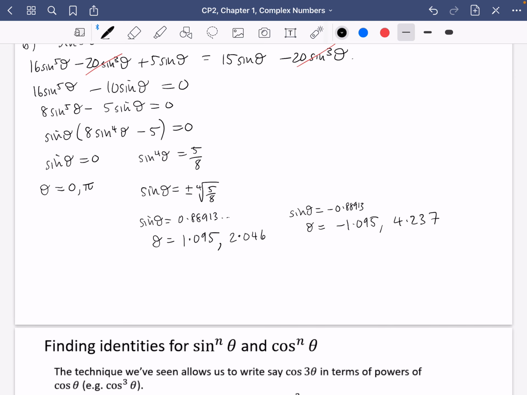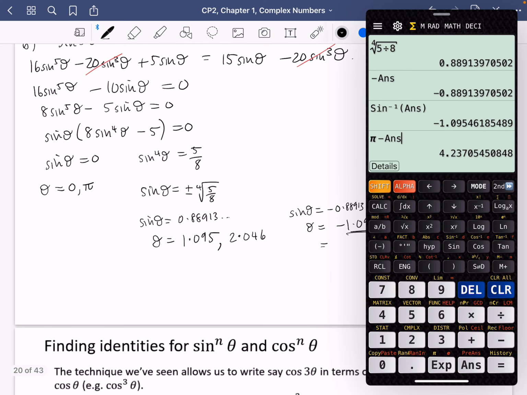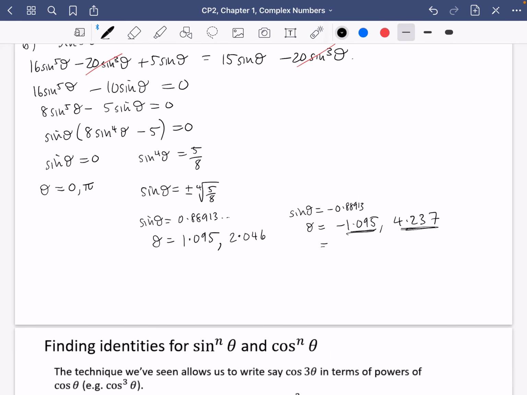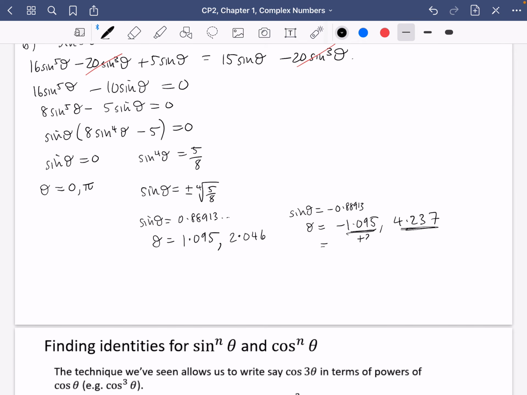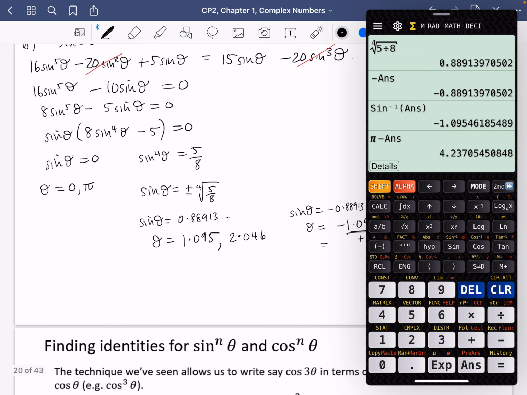But neither of these are in range, so I'm going to add 2 pi to this one and take away 2 pi from this one. Oh no, I wanted it between 0 and 2 pi, this one is in range, my apologies. But this first one here is not in range, so I'm going to add 2 pi to it.